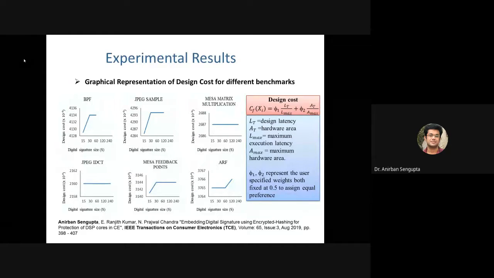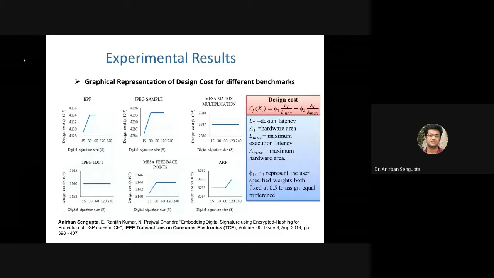We did some analysis of the design cost as well to see what the design overhead is after implanting the crypto digital signature. The design cost is basically a hybrid function of normalized latency of the design and normalized chip area. We have the latency LT of the scheduled design, which is normalized by dividing it by LMAX.